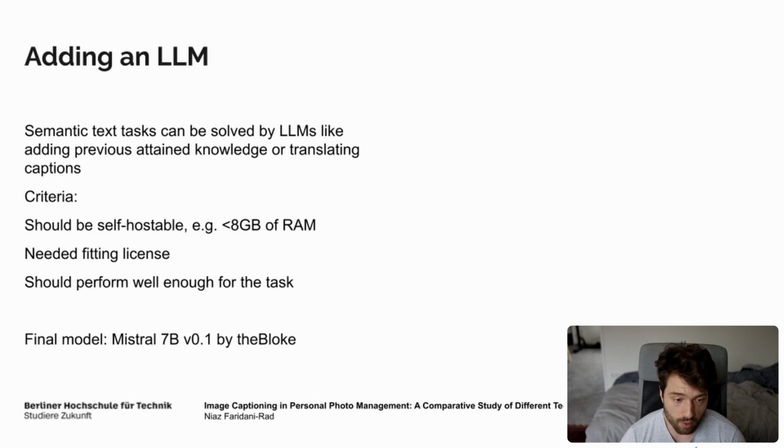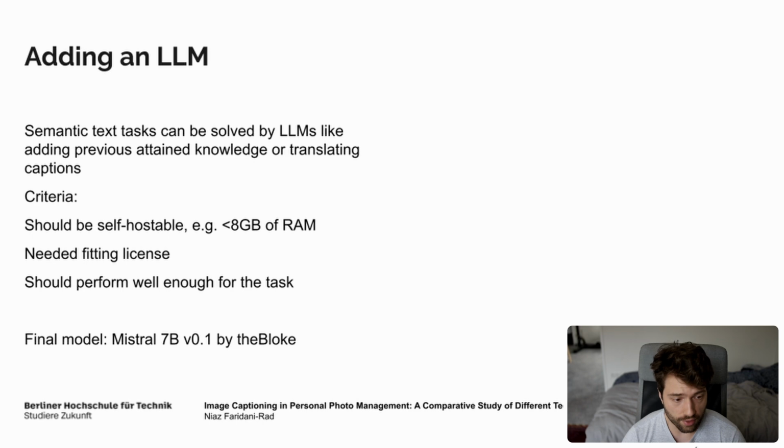And it should perform well enough for the tasks. I was lucky. In November, Mistral 7B was released. And I was like, that's perfect. It broke every benchmark back then. So I will just use this base model in a quantized form by TheBloke. And then it should run with 8 GB of RAM.